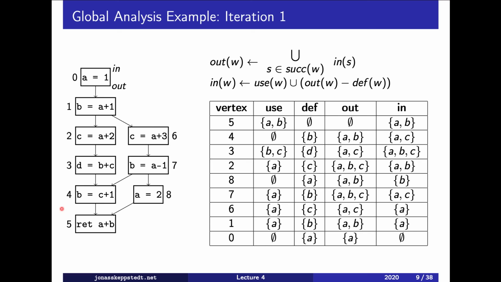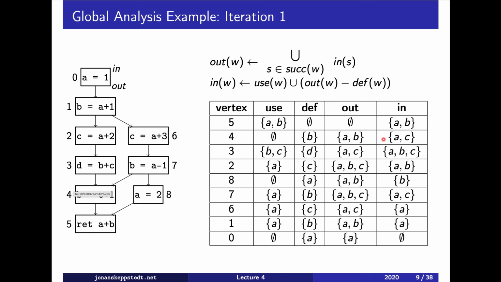And then we can compute, well, first the outset and then the inset of vertex 4, which will be the union of its only successor. So the outset is A and B, and what is defined is B, and what is used is C. So B should not be propagated to the inset of 4, since that value is overwritten here.